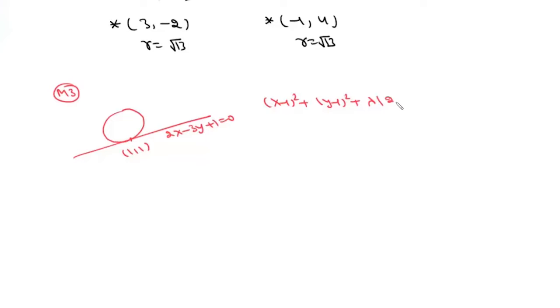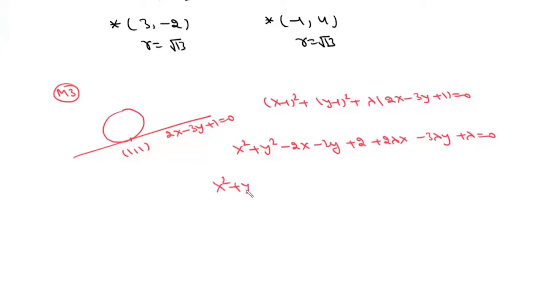So it will be x square plus y square minus 2x minus 2y plus 2 plus 2 lambda x minus 3 lambda y plus lambda equals 0.